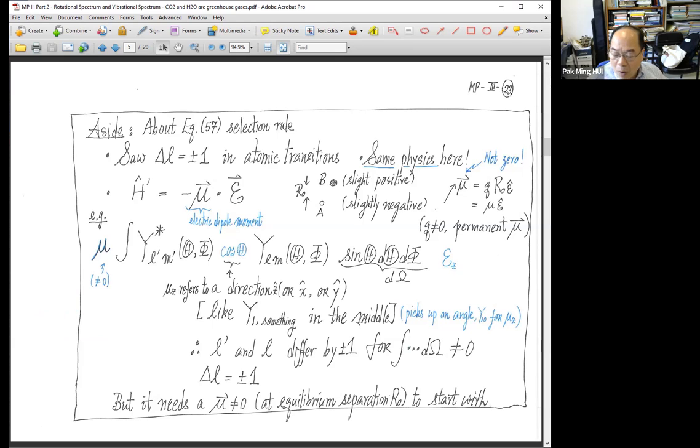So in molecules, again, we need to consider the electric dipole moment, but this time it is the molecule's, usually dominated by the uneven bonds. The electron wave function shifts to one side, you have this ionic character, okay?